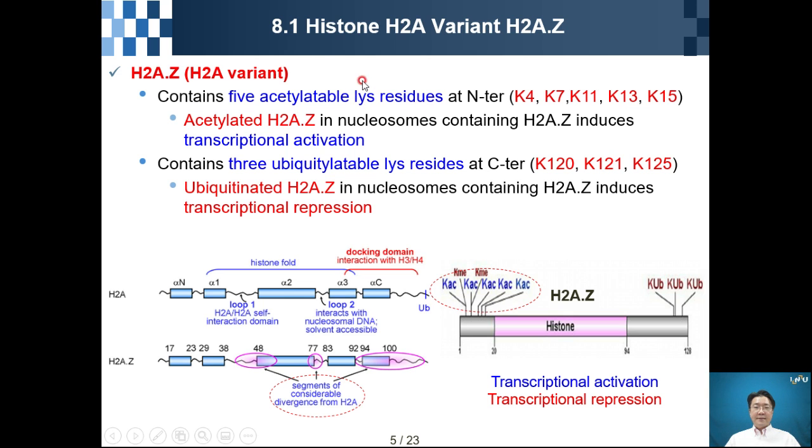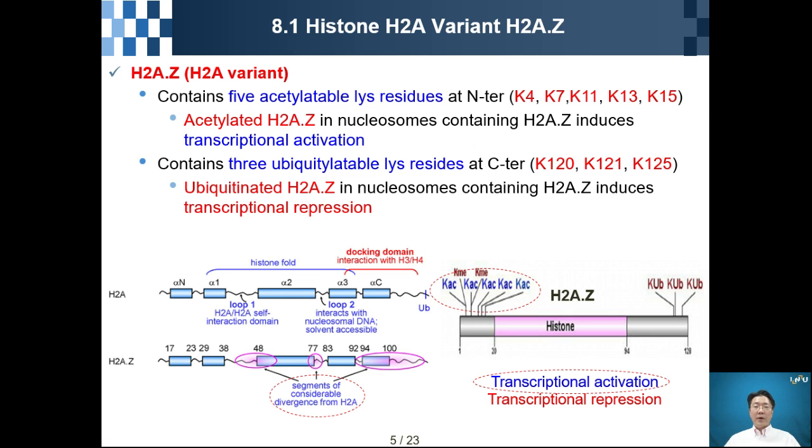We call lysine K, and especially the 4th, 7th, 11th, 13th, and 15th amino acids can be acetylated. So they contain 5 acetyl lysine residues at the N terminal. Acetylated H2AZ in the nucleosome containing H2AZ induces transcriptional activation.